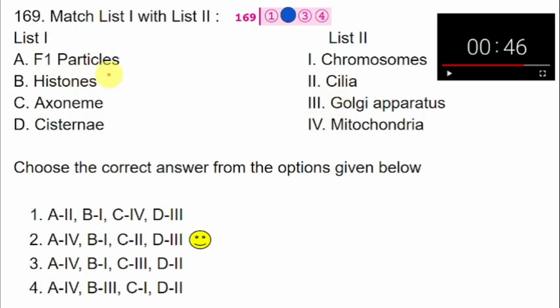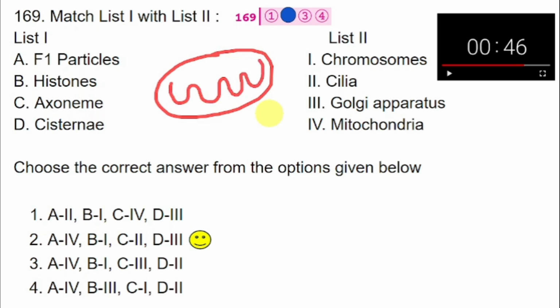First one, F1 particle, it is associated with mitochondria. So remember, mitochondria it's a double membrane organelle, and the inner membrane has infoldings. So this is called cristae. Okay, don't get confused with cisternae.